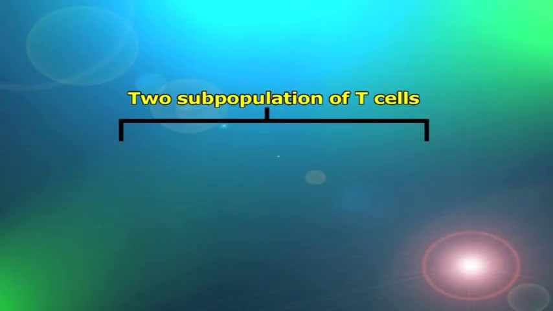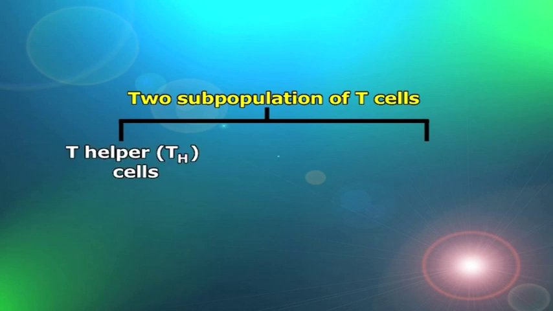There are two subpopulations of T cells, T helper, that is Th cells, and T cytotoxic, that is Tc cells.